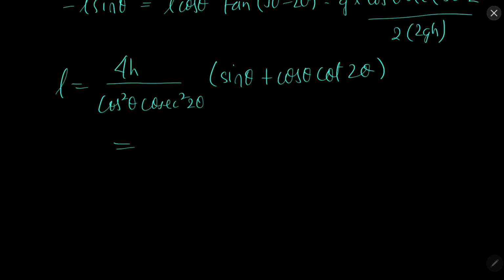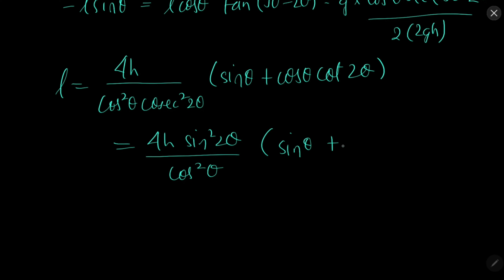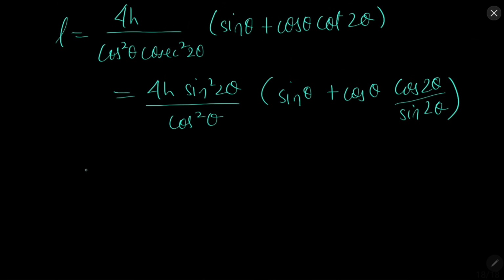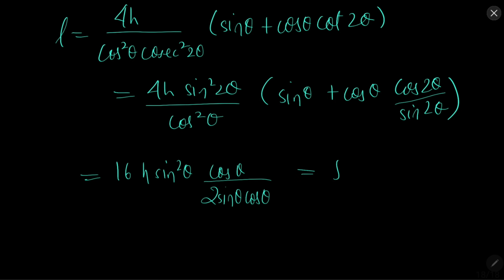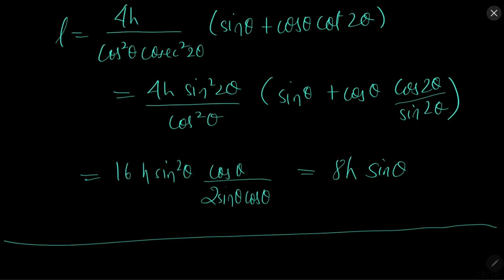Further simplification, 4h sin square 2 theta over cos square theta into sin theta plus cos theta cos 2 theta over sin 2 theta. After further simplification, it will be 16h sin square theta into cos theta over 2 sin theta cos theta. It will become 8h sin theta. So this will be the final result.